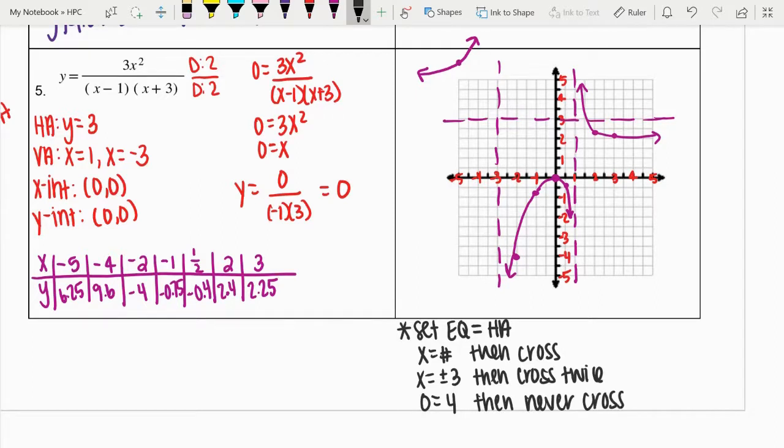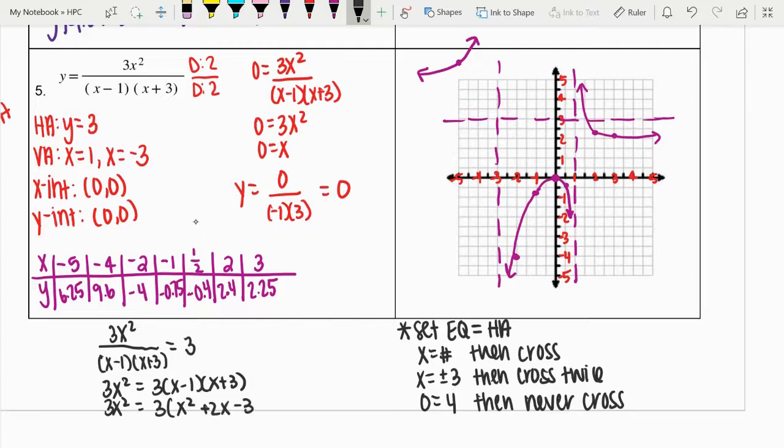Okay, so if we test this out, we have 3x squared over x minus 1, x plus 3, and we set that equal to 3, then I end up having 3x squared is equal to 3 times x minus 1, x plus 3. So then 3x squared is equal to 3 times x squared plus 2x minus 3.